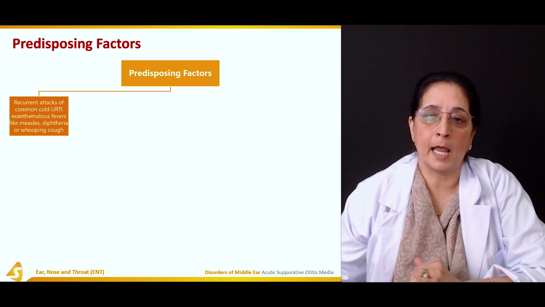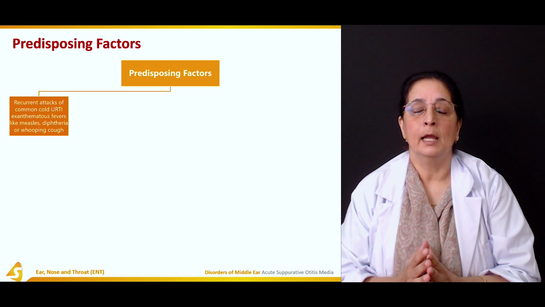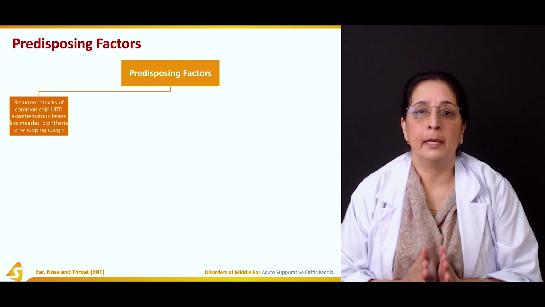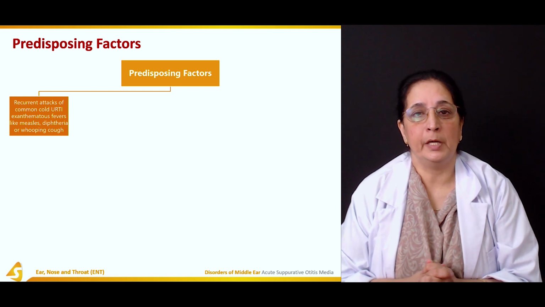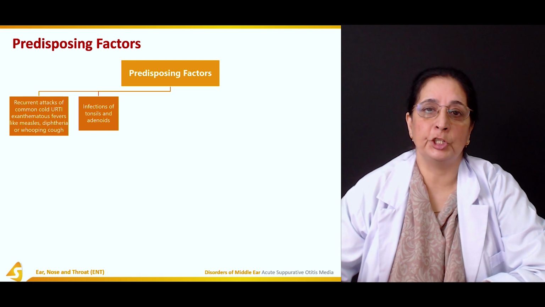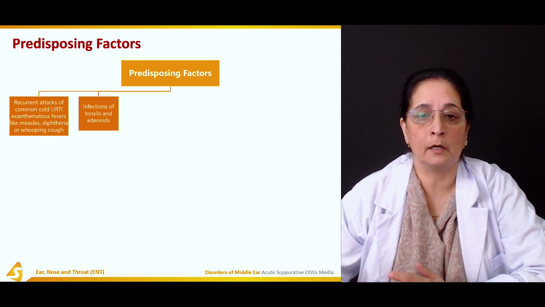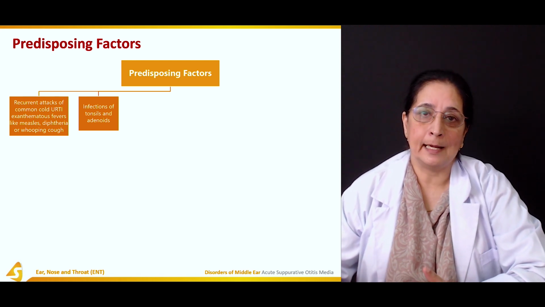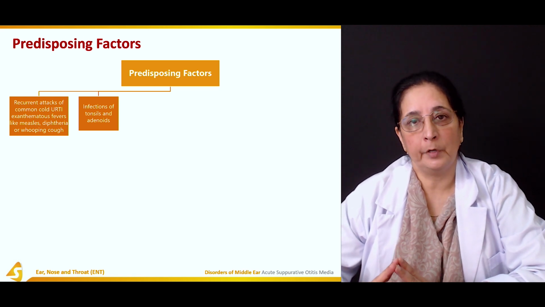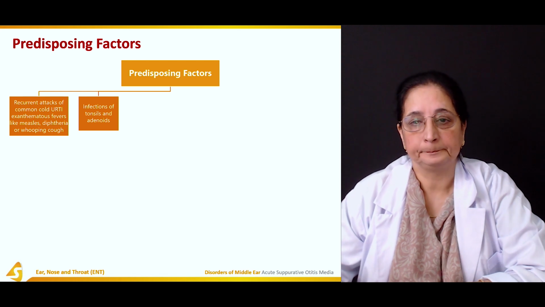These are common diseases of children, and they can cause acute suppurative otitis media. Then the other is infection of the tonsils and adenoids. Tonsillitis and adenitis can lead to suppurative otitis media.